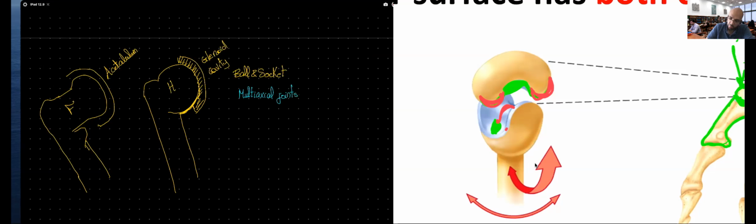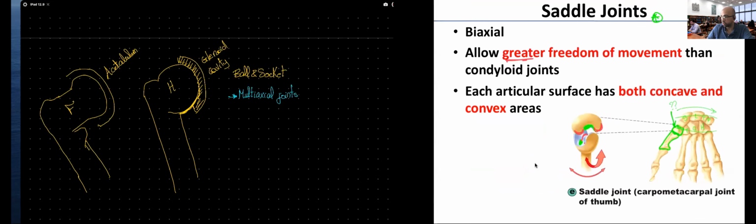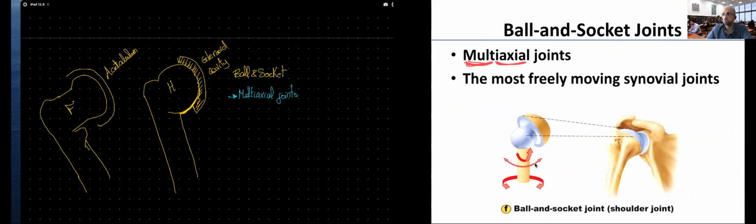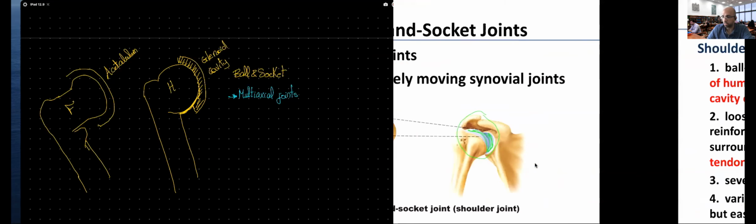And this is the type of joint that will allow the widest range of motion, the ball and socket joints. Again, examples here are the shoulder joint and the hip joint, the articulation between the head of the humerus and the glenoid cavity, and the articulation between the head of the femur and the acetabulum.